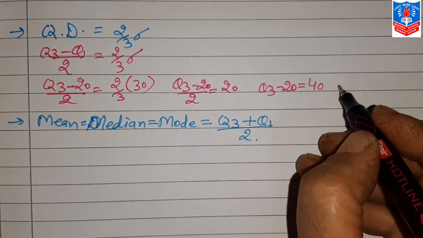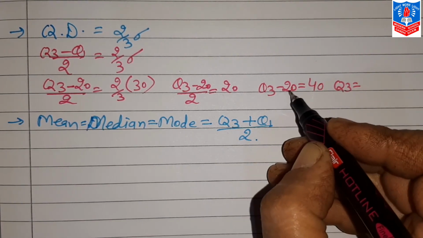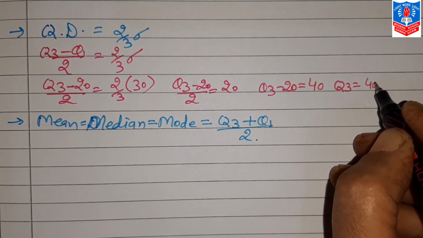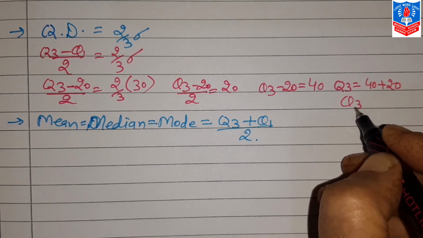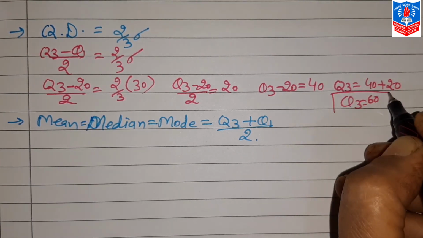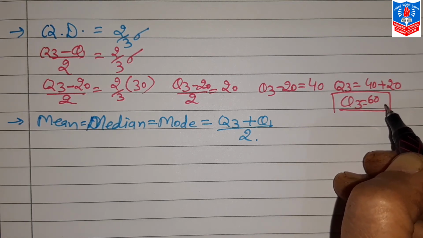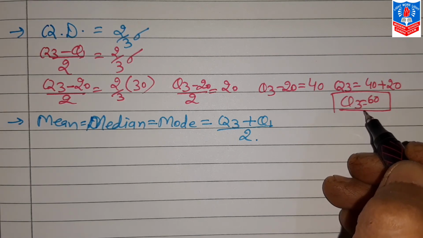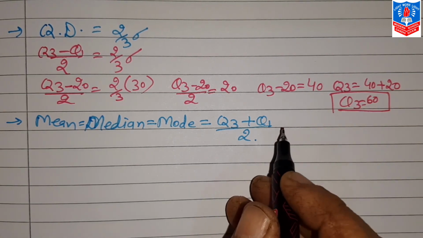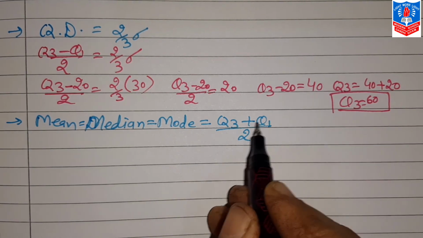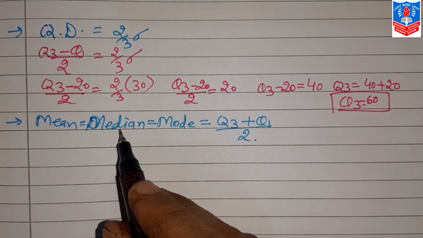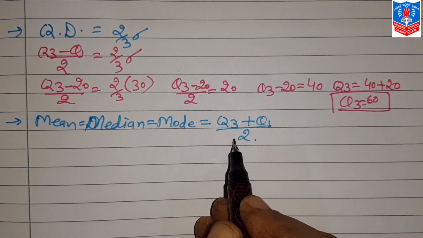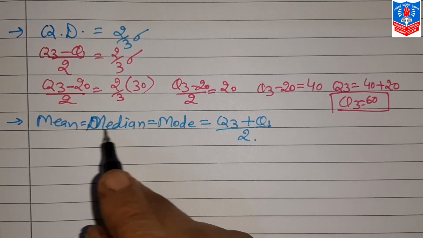Now we want only the value of Q3. So this minus 20, if you take it to that side, will be positive. So 40 plus 20 will be 60. So Q3 is 60. Now the Q3 value we know, and Q1 is already given in the question, which is 20. Based on that, we can put both values in the formula and find the median, because the formula for median is Q3 plus Q1 by 2. And in a normal distribution, mean, median and mode, all three are the same.